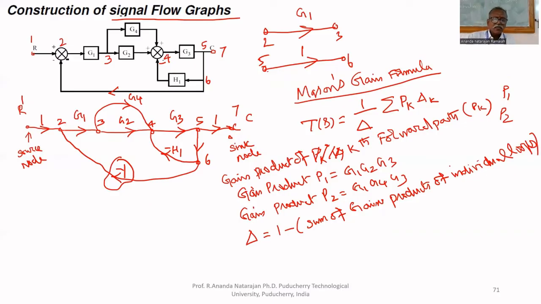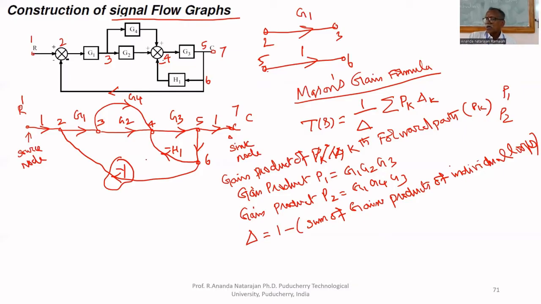Loop means, suppose you are starting at 2, I am traveling 2, 3, 4, 5, 6, again 2. That is one loop. Another loop: 2, 3, G4, 4, 5, 6, 2. Another closed loop. One more loop: 4, 5, 6, 4. These are all loops.